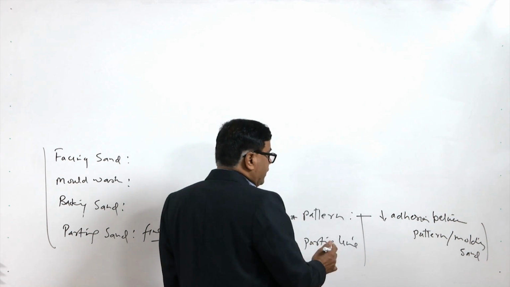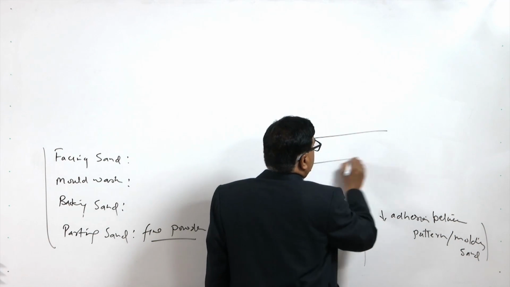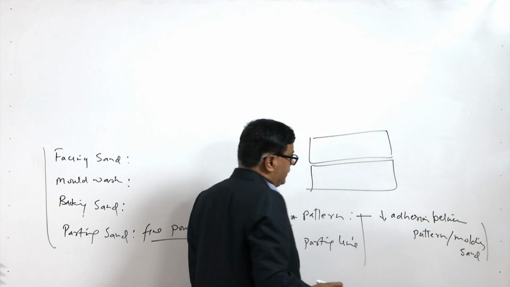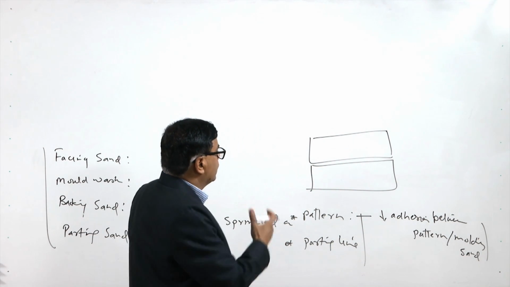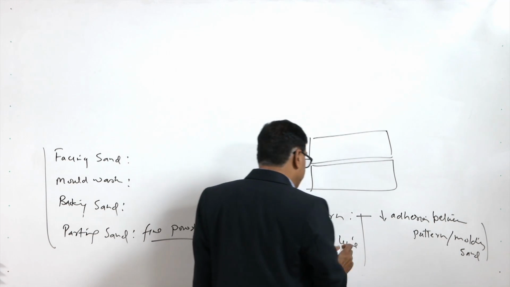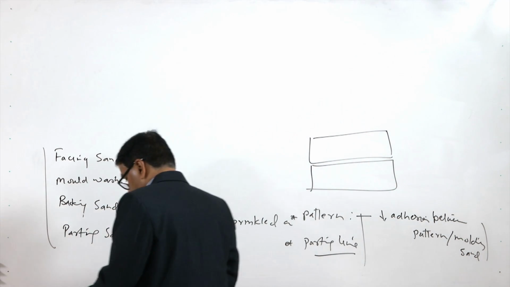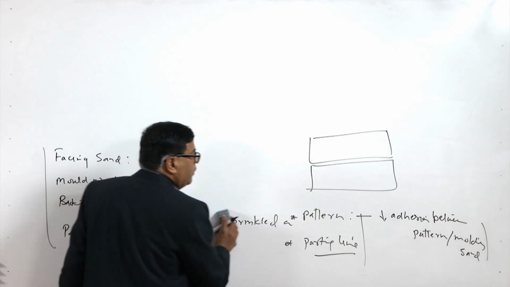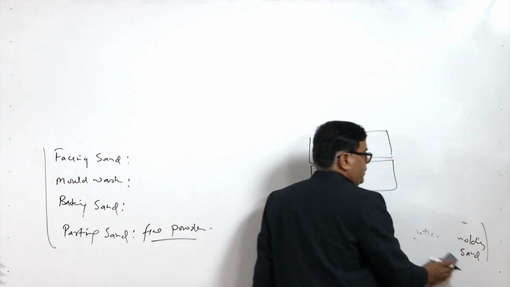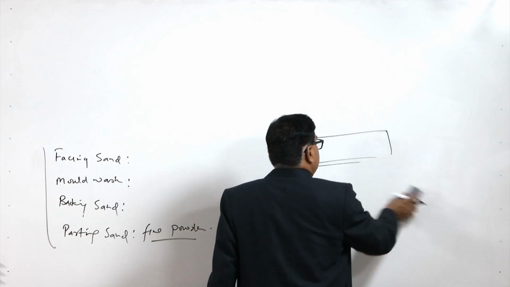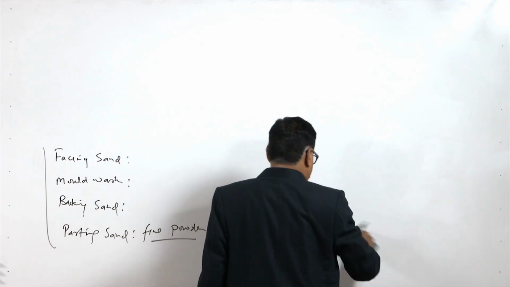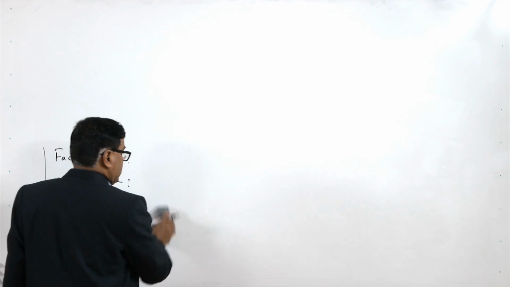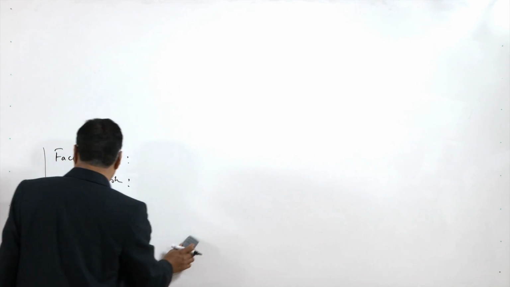Similarly, the parting line between the cope and drag, so it will be sprinkled on the parting line. So, the separation of the cope and drag without damage will be easier when the parting sand is sprinkled over the surface of the pattern and on the parting line, so that the damage during the withdrawal of the pattern as well as during the separation of the cope and drag is reduced.